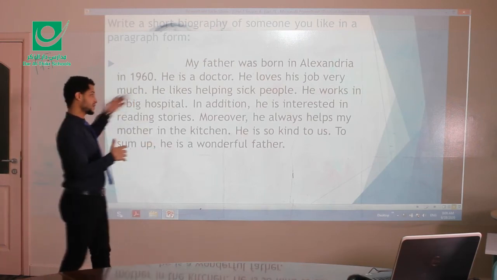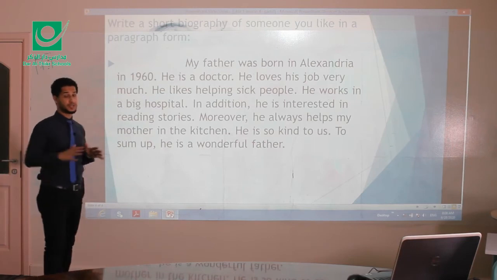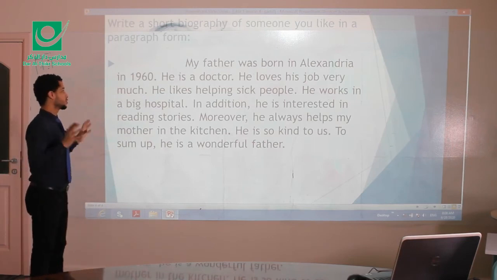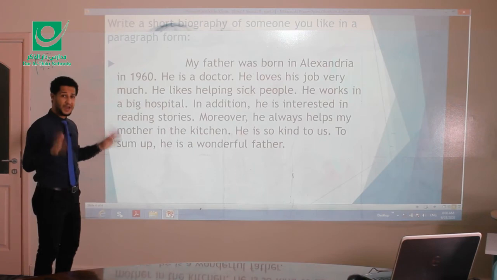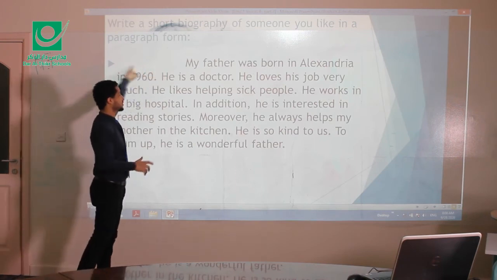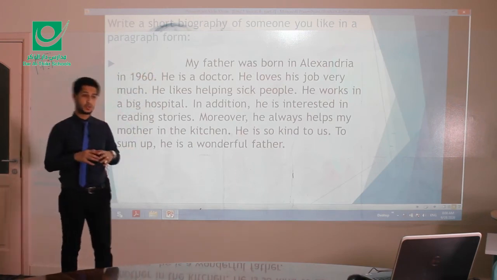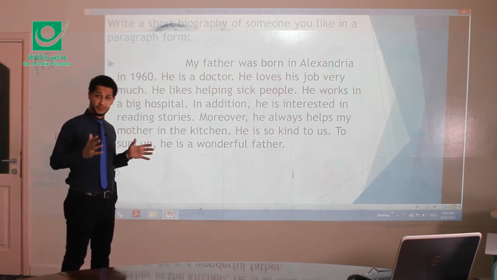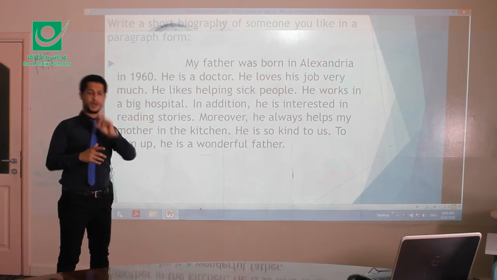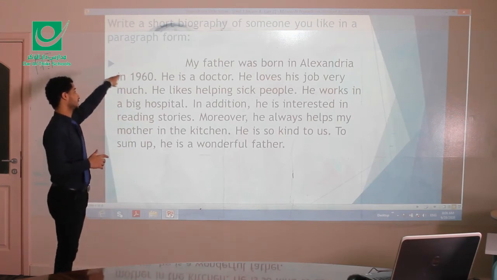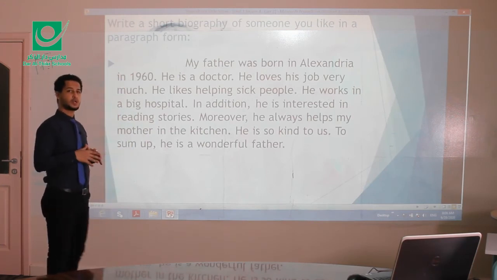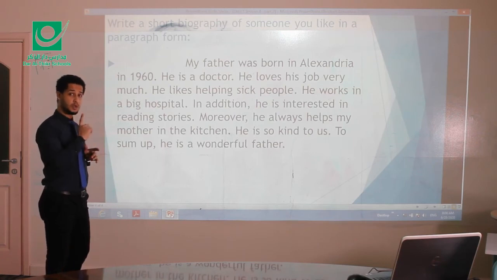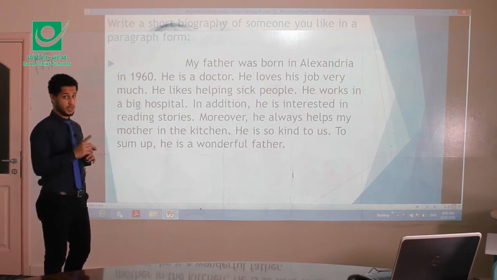So let's see this example. I write this, you can write anything else. But to start writing a paragraph, you have to leave a space like this in the first sentence, okay? So again, to start writing a paragraph form, you leave a short space in the first sentence like this. And then we start writing in sentence form, okay?